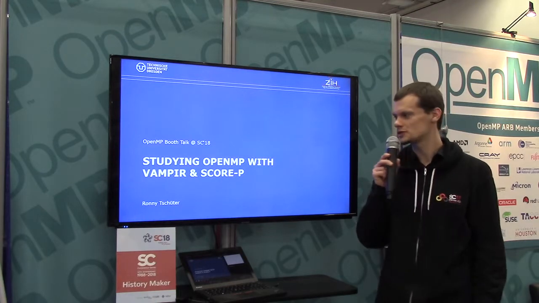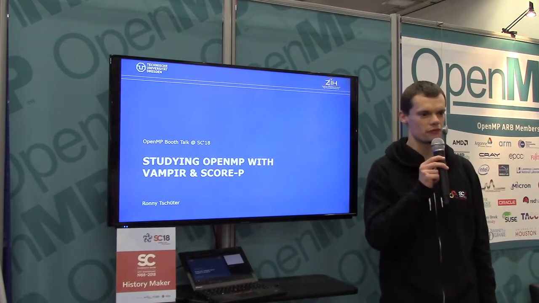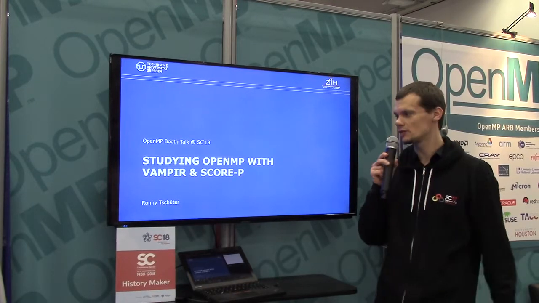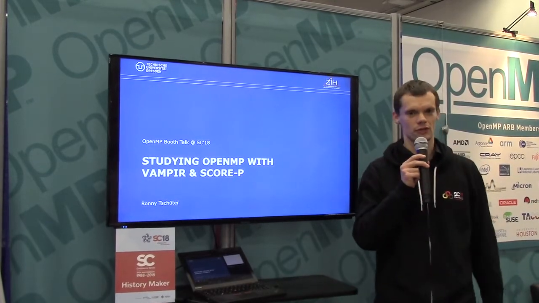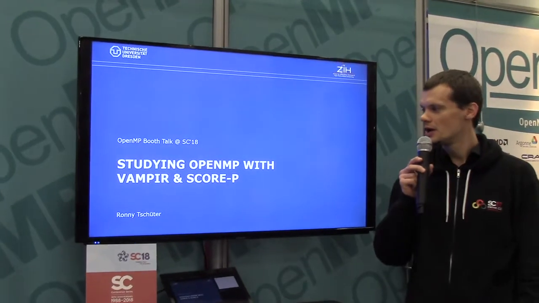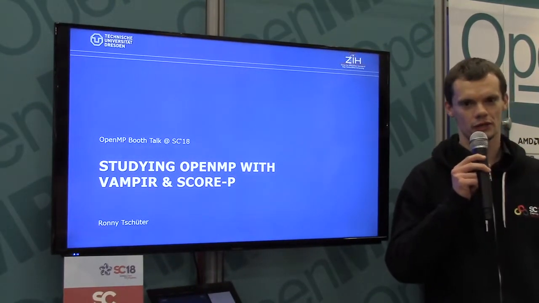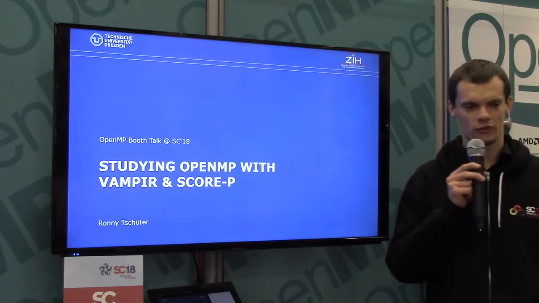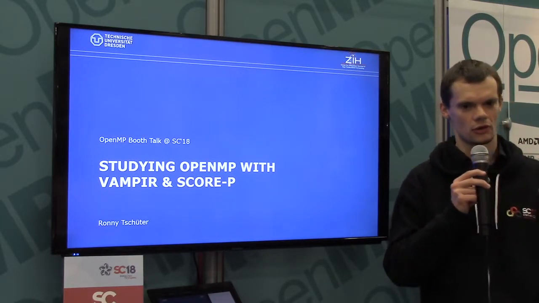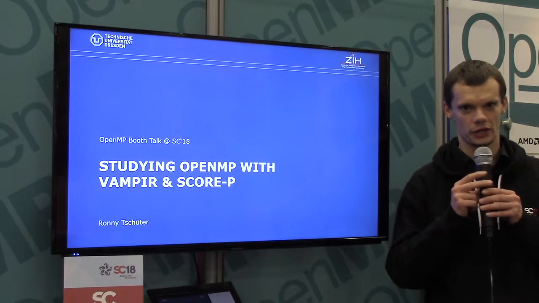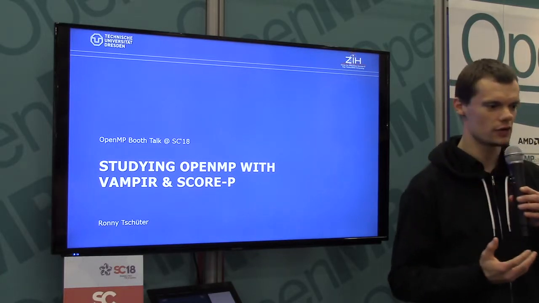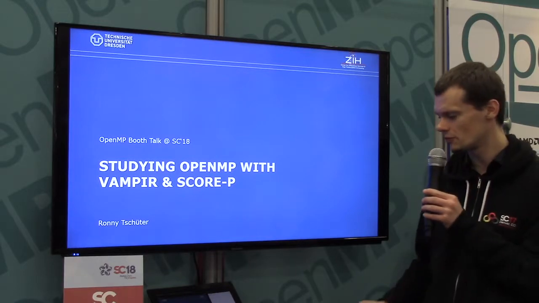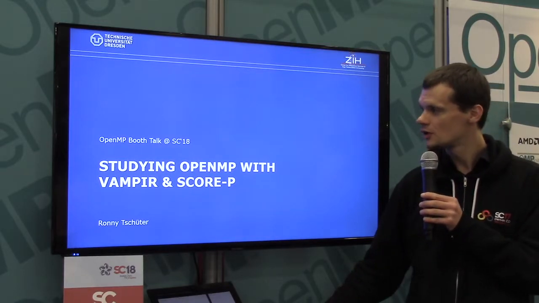One component is a measurement system capable of recording events like function enter or exits or calls to the MPI library at application runtime, recording the data, and then afterwards we need a second component, an analysis tool, which provides you nice visualization of your performance data, so you are able to investigate your application behavior, optimize it, and identify performance issues and bottlenecks.